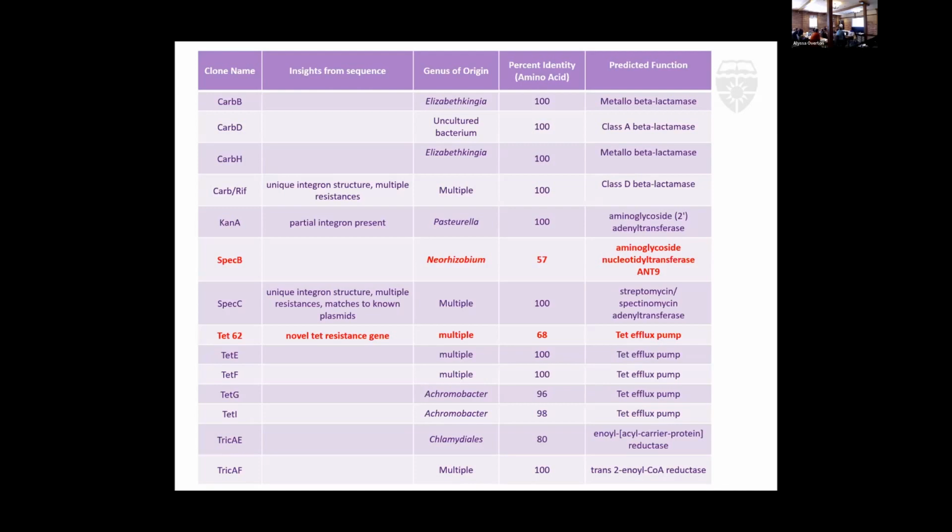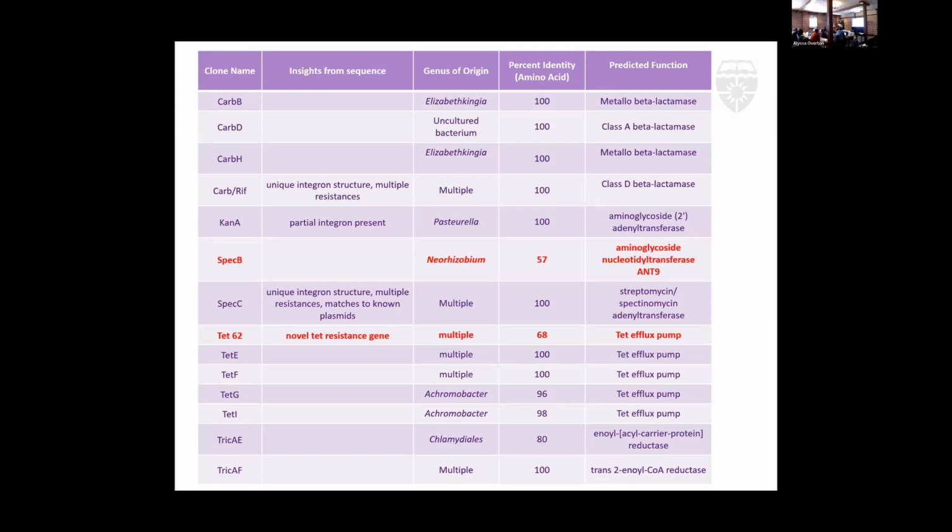The tetracycline community is a little bit different than some of the other antibiotic resistance communities. There's a very strict threshold of what you can call novel. 79% is the threshold, and we were under 79%, so we applied to the community and we were given TET62. That is the name of our novel enzyme. So it's a little more straightforward in that case. We've got something that the community has agreed upon is novel enough to get a new name.